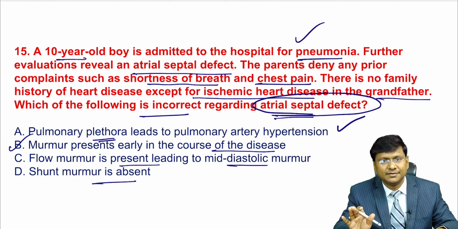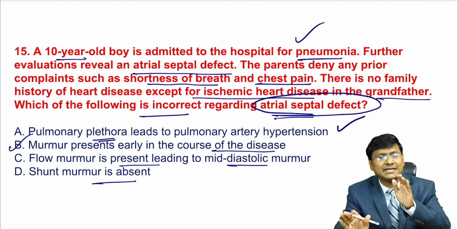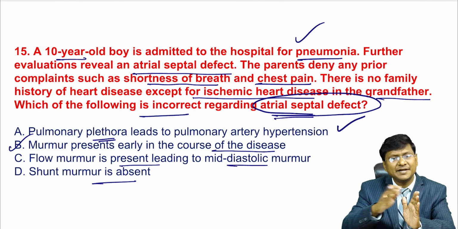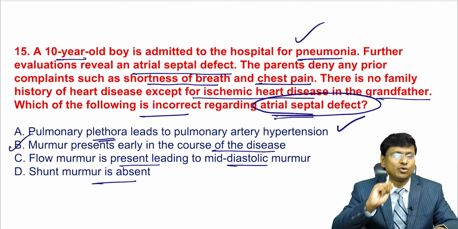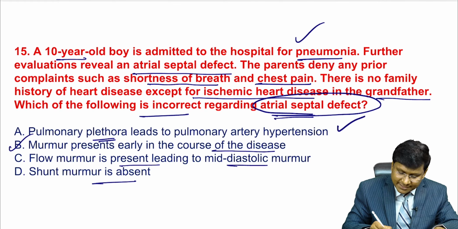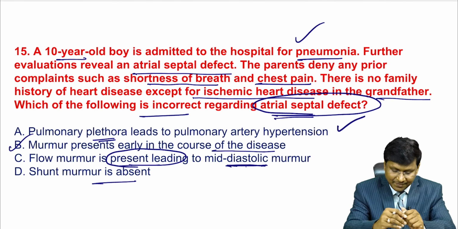That is a wrong statement. In atrial septal defect, the murmur does not present early in the course of the disease. It presents in the later stage, and that too it is a flow murmur. And flow murmur is present leading to a mid-diastolic murmur. That is a correct statement here, right?